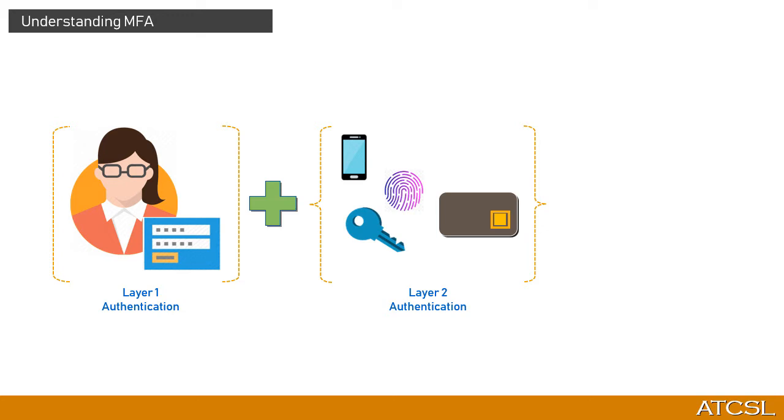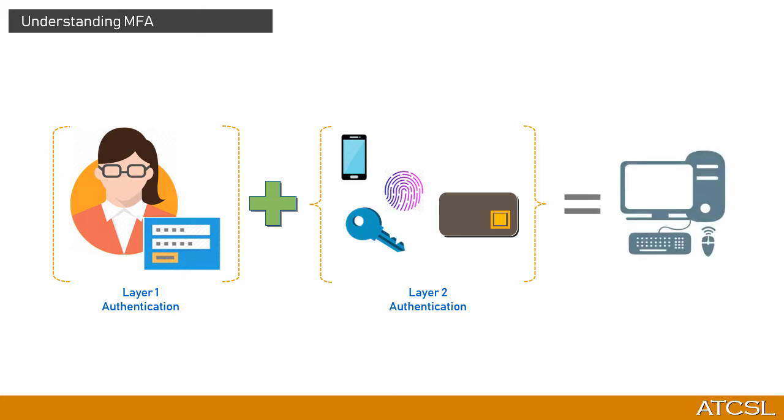Whereas biometric properties such as fingerprints or the face scan used by mobile devices fall under the category of something that you are. And after the layer 2 authentication passes successfully, the user is permitted to access the resource that it is seeking to access.